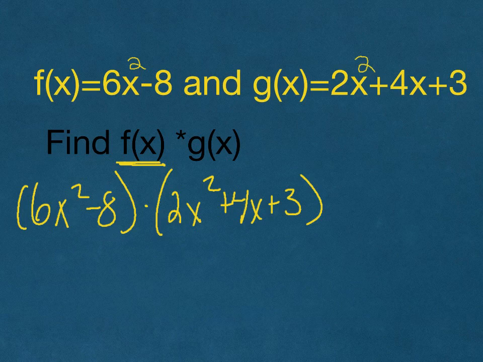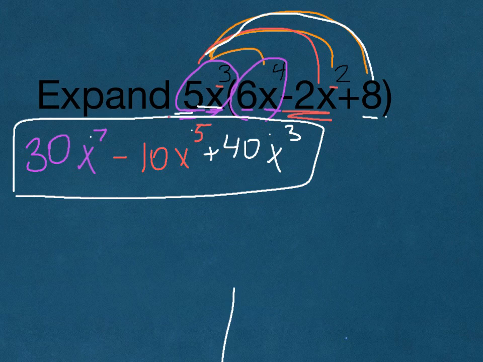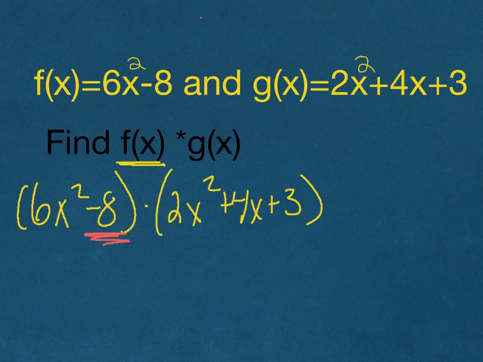Now the idea is this. Instead of there being one term at the front where I have to distribute that through, like what happened over here, I only had one term. But this time I have that negative 8, but I also have this 6x squared. So all that changes is I need to now distribute more than one time.